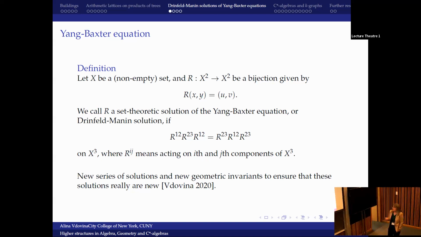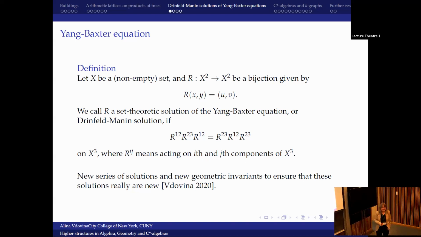And so what is new, if you get those solutions from complexes, we get some new kind of invariants that we can really use to show that the solutions are really new, because as I mentioned, there is a lot of literature on this subject. So how do you show that solutions are new?